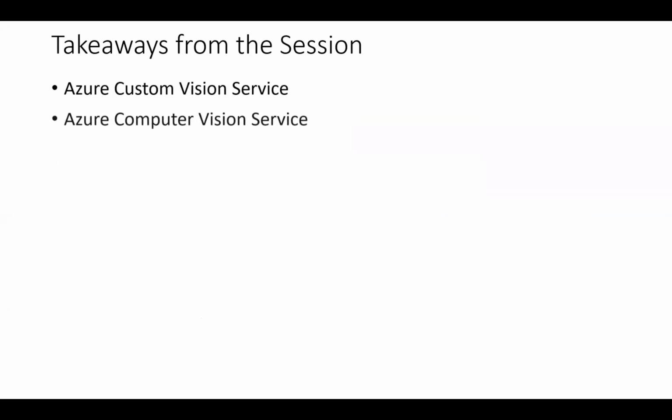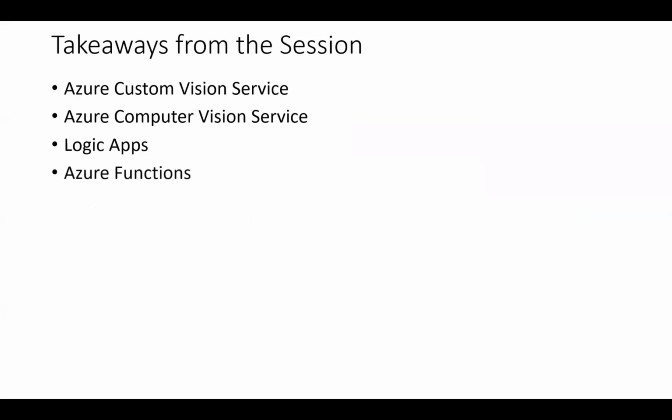Having said that, the takeaways from this session are we'll touch upon what Azure Custom Vision Service is. We'll take a look at the Azure Computer Vision Service. Take a short look at what Logic Apps are, what Azure Functions are, what Event Grid is, and how we can use them.